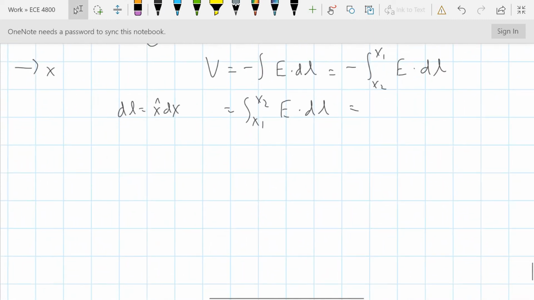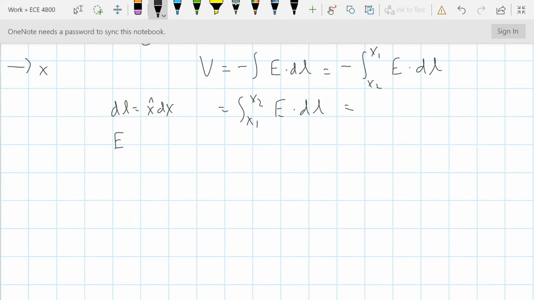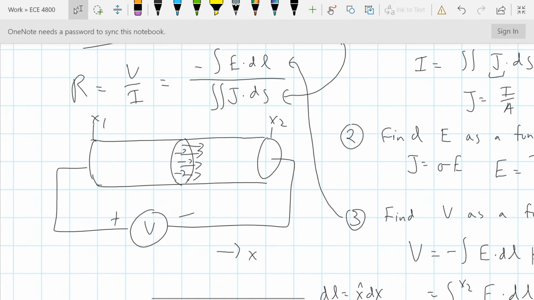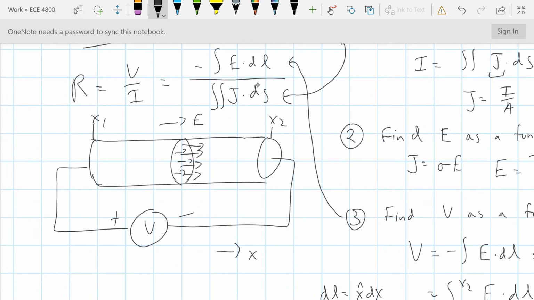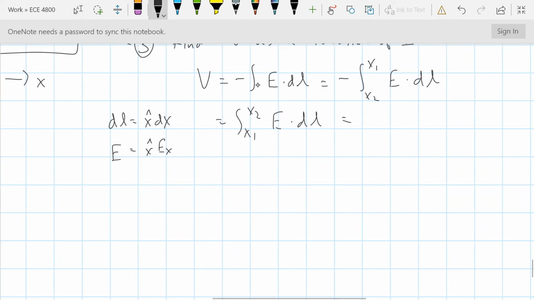Okay. So the electric field is going to just have an x component. Do we agree? The electric field is pointing in this direction. So x hat times E sub x, that's the electric field. So this is equal to the integral from x1 to x2 of E sub x times x hat dotted with dx times x hat.